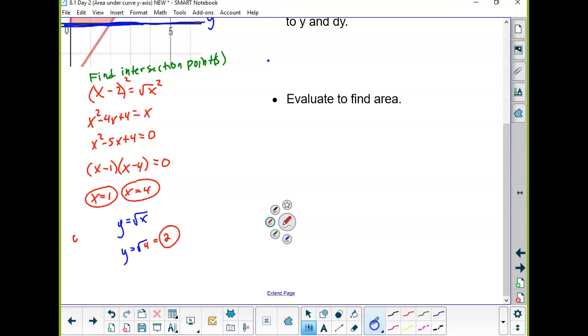The other spot, which I don't really care about right now, is when y is 1. So I have two intersection spots at 1, 1 and 4, 2.